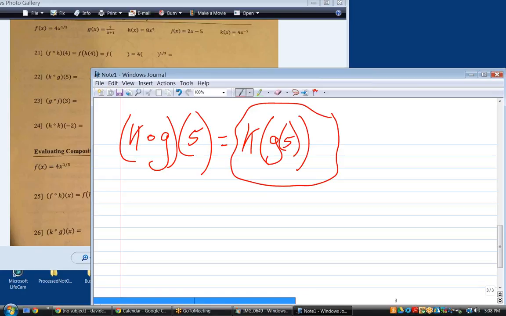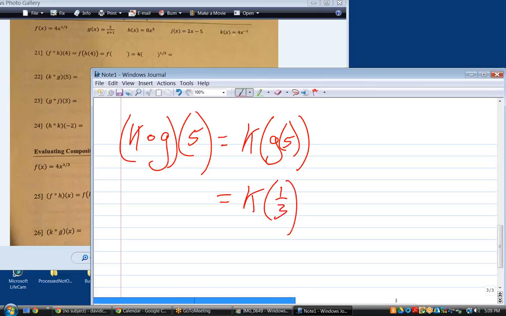Okay. And now, what is g of 5? g of 5 would be 2 divided by 5 plus 1. So that's 2/6 or 1/3. So it's really k of 1/3.